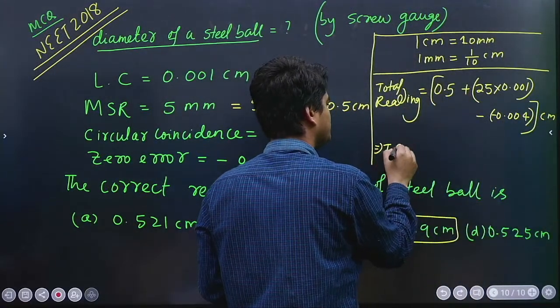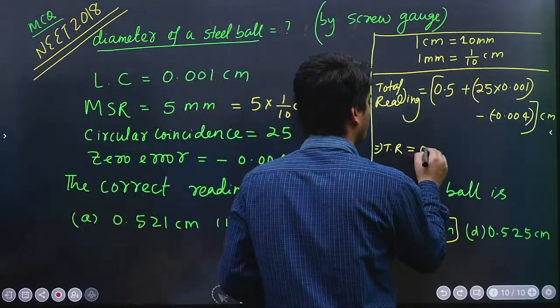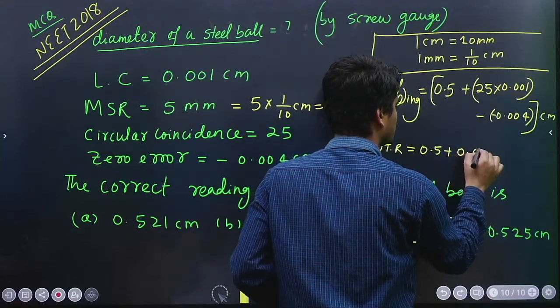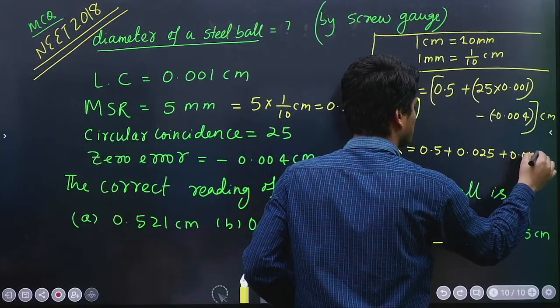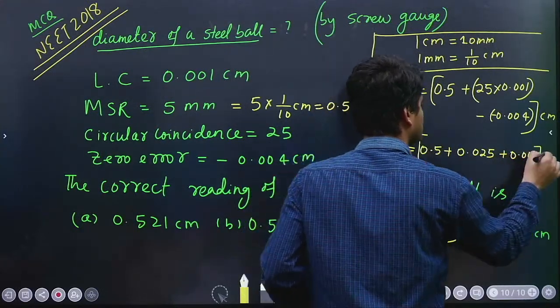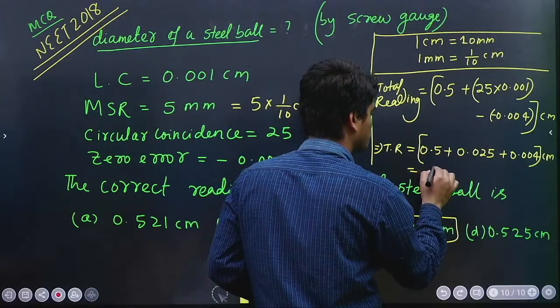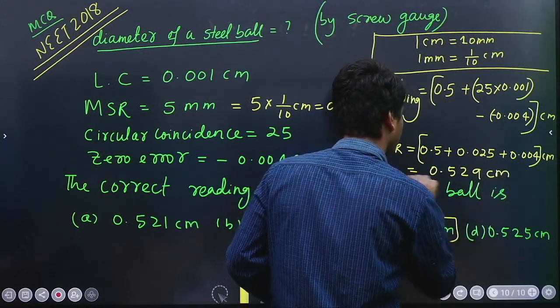Now total reading: here it is 0.5 plus 0.025 plus 0.004 centimeter. Now how much is the total? Doing the addition, 0.529 centimeter.